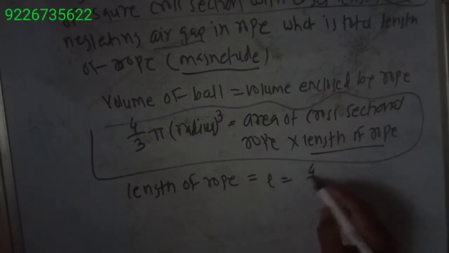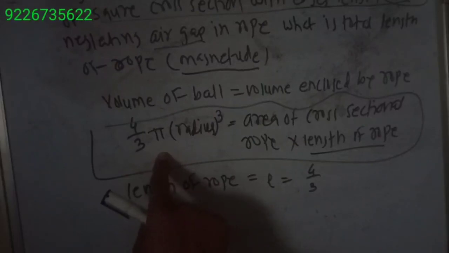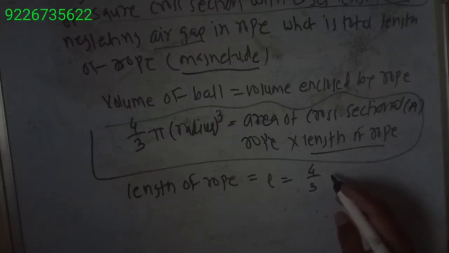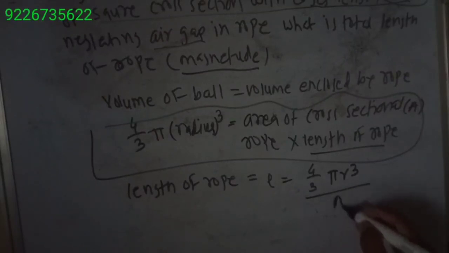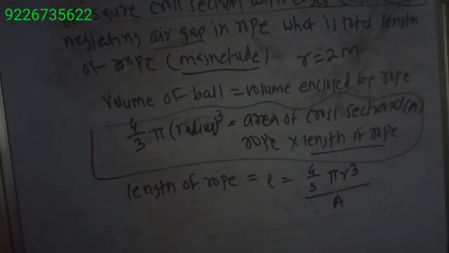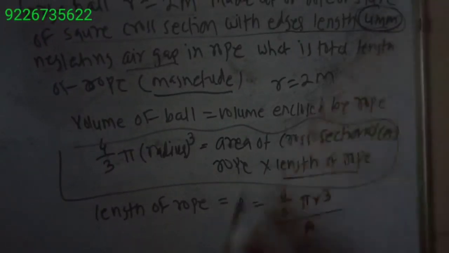L is equal to 4/3 pi r cube divided by A, where A is the area of cross section of rope, since when it is transferred to the other side it goes to divide. Here r is given as 2 meter, and the edge length is given as 4 mm.